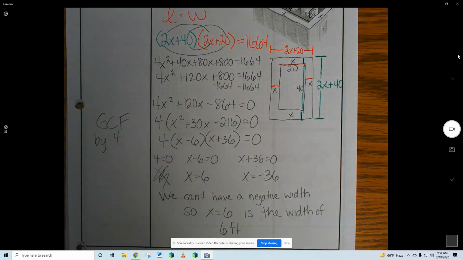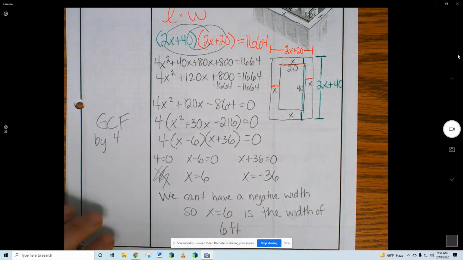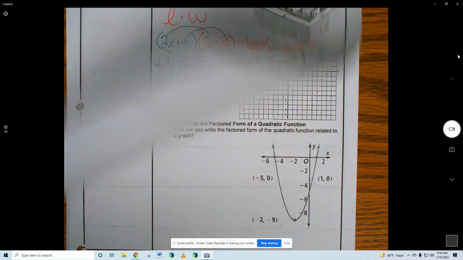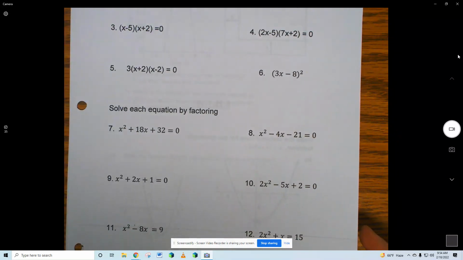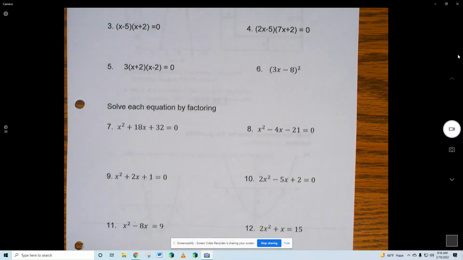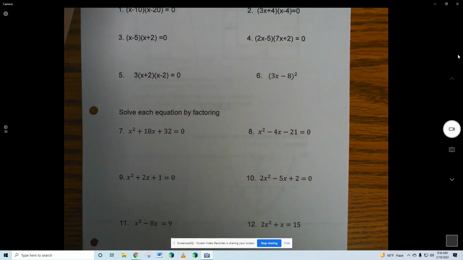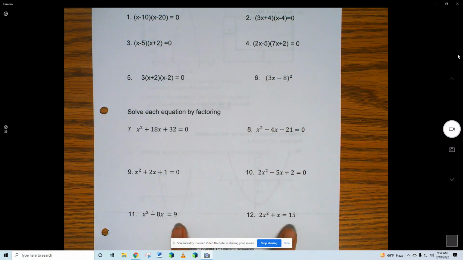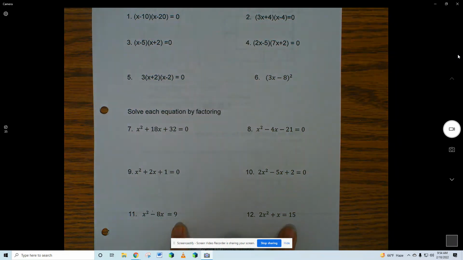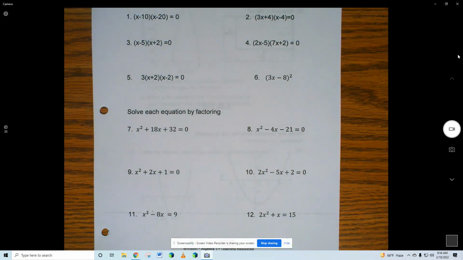So let's look at what your homework is so that everyone's clear because we're going into a weekend. Save this paper because 9.2b is next week. Here's 9.2a homework. And a lot of them you have to move over, like starting at 11 and 12. You have to move over numbers to get it to equal 0.